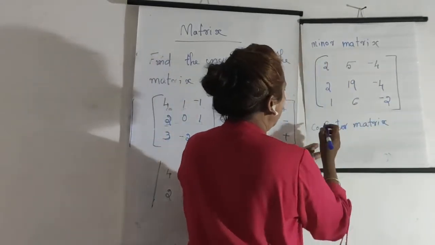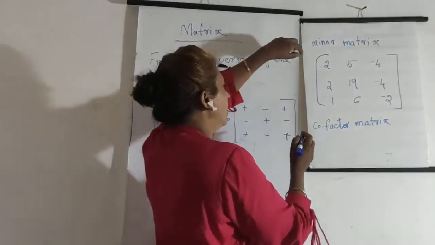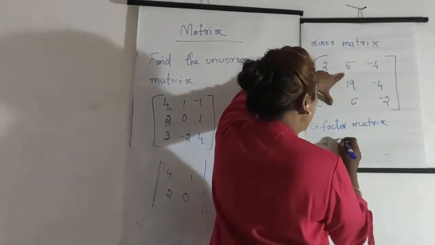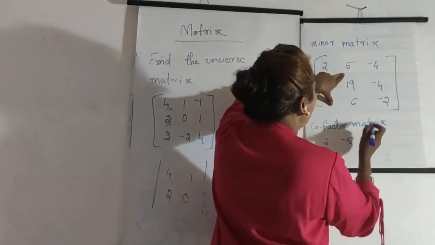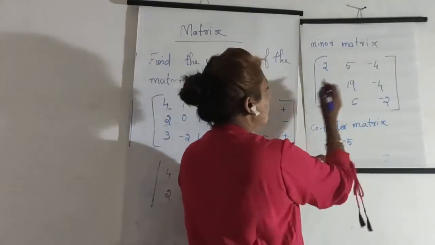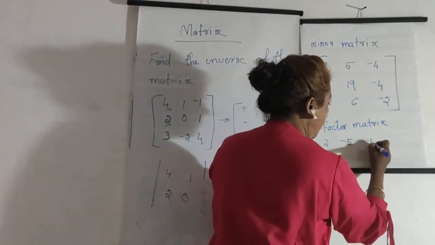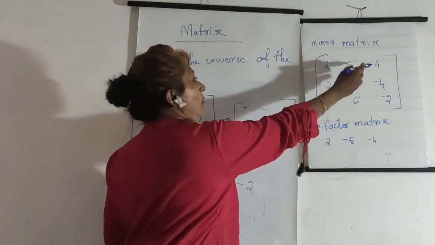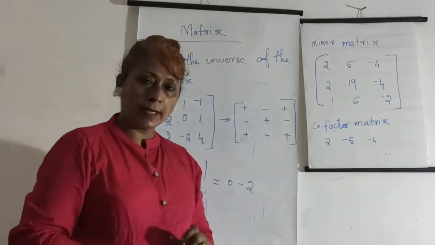The first one is positive, so it stays 2. The second is negative, so negative 5. The third is positive, so negative 4 itself. Did you understand? We multiplied the minor matrix with their corresponding signs.